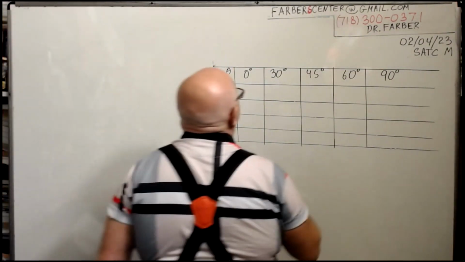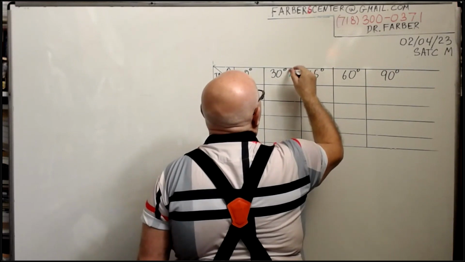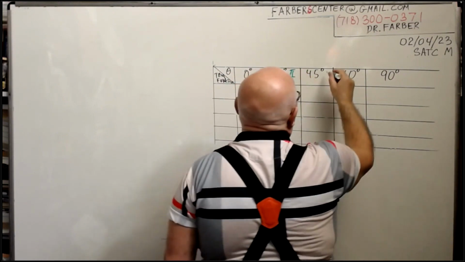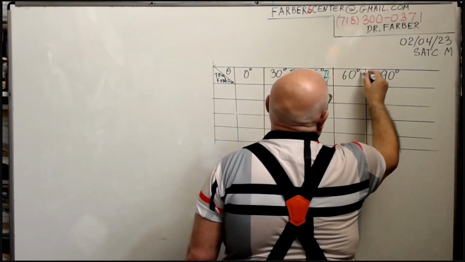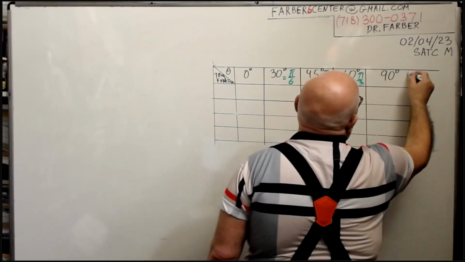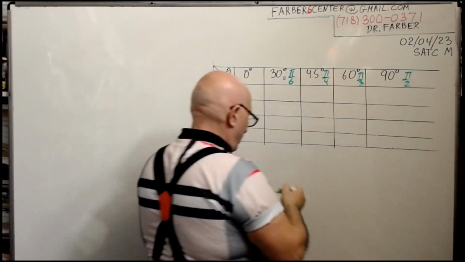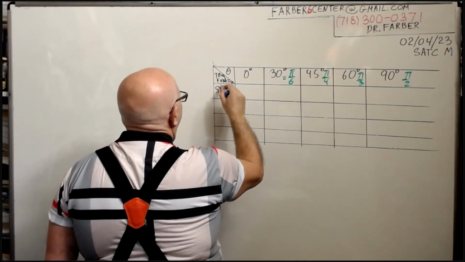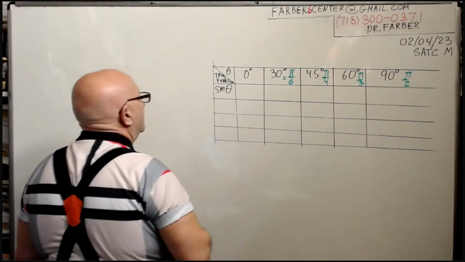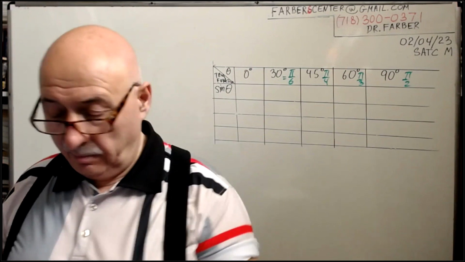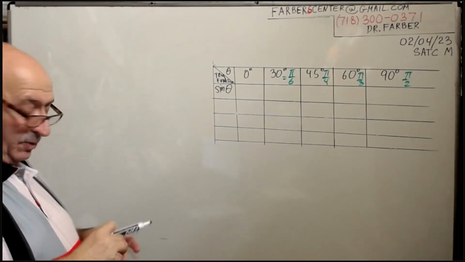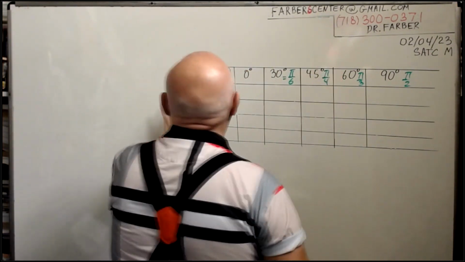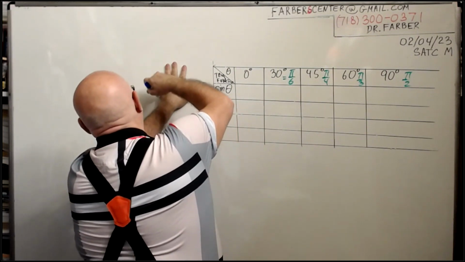This is in radians: pi over 6, the same, or pi over 4, or pi over 3, or pi over 2. And I have sine of theta, this function. And pretend, I don't know how to do this, let me put it this way. I use a hand. I put a hand. I don't know how to make this hand.